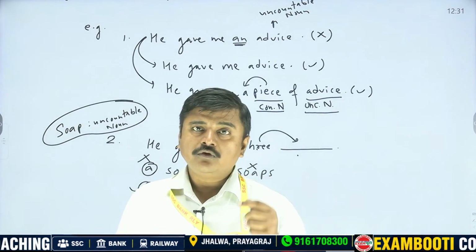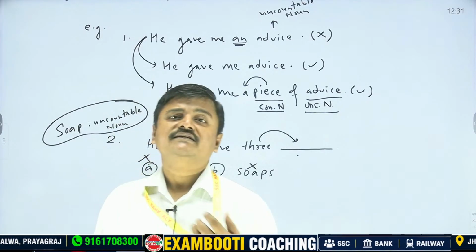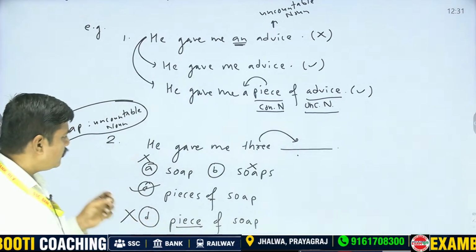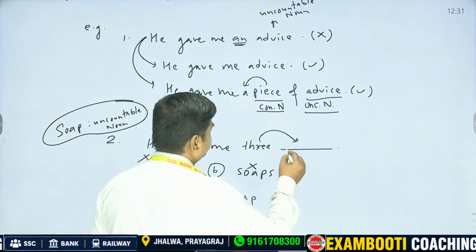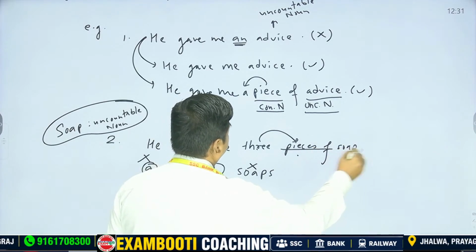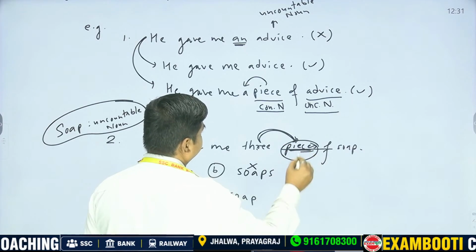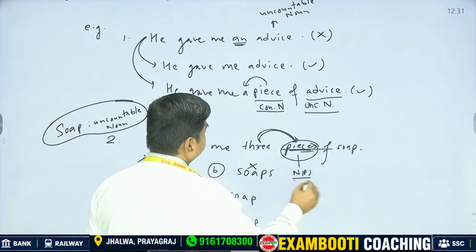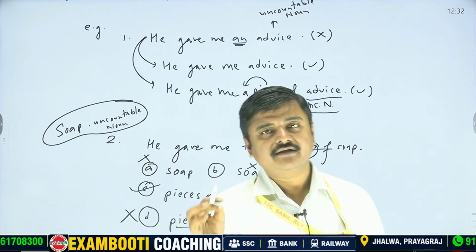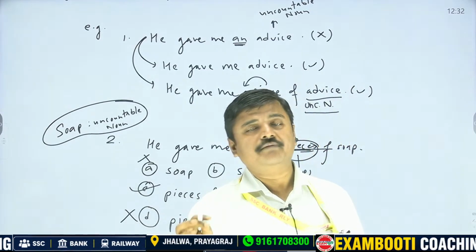So how we give countability to these things is now very easy to understand. The answer will be 3 pieces of soap. Here you find pieces, and pieces is a plural noun. Now the structure of the sentence is absolutely correct. So that is why phrases are so important.